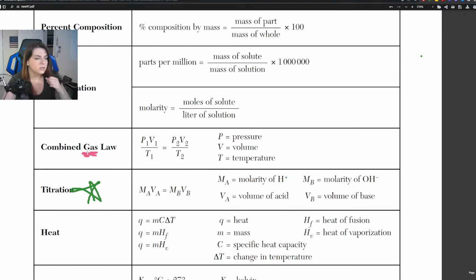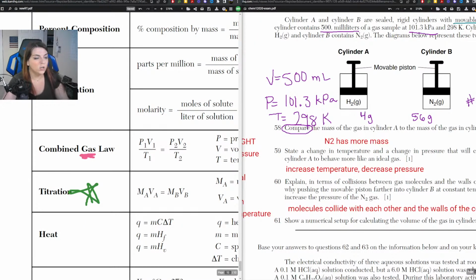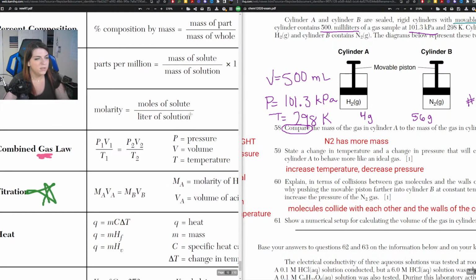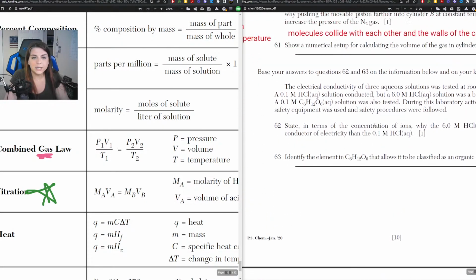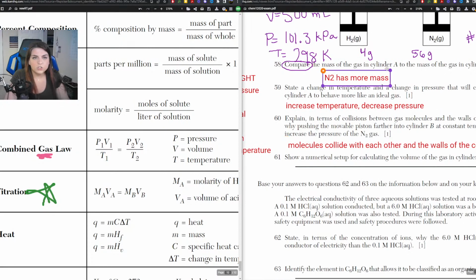And we're talking about gases, so it's probably a good idea to check out that combined gas law. The combined gas law is PV over T of the before situation is equal to PV over T of the after situation. In this case, our temperature is already in Kelvin, which is fantastic for us, but it's not always in Kelvin, which is kind of annoying.